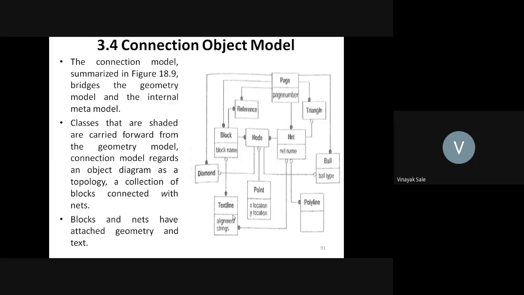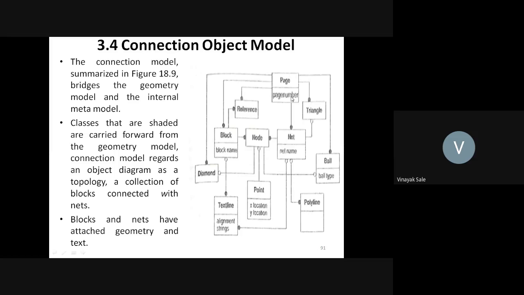Blocks and nets have attached geometry and text. Here the example is given as a page number. This page may be a triangle or a diamond, and this page has a ball.